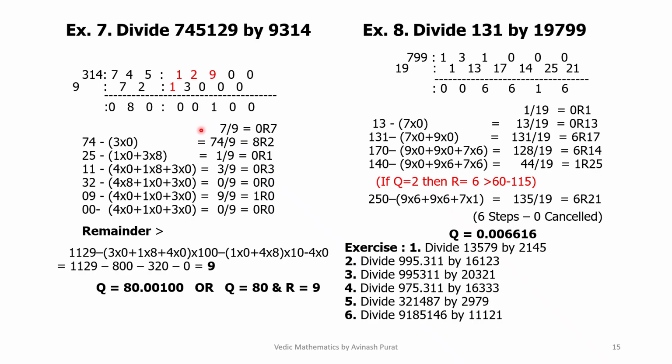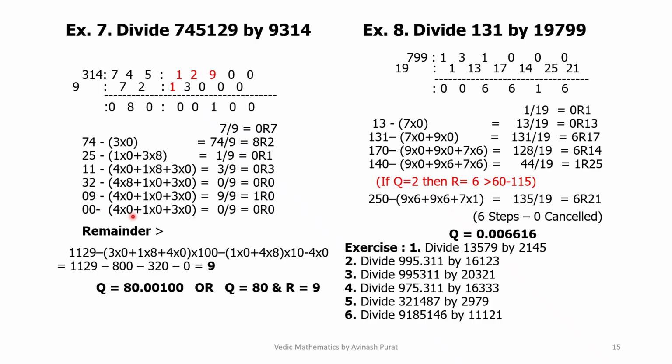Then 9, minus 4 into 0 plus 1 into 0 plus 3 into 0, that gives 9 minus 0. 9 divided by 9 equal to 1 and the remainder is 0.